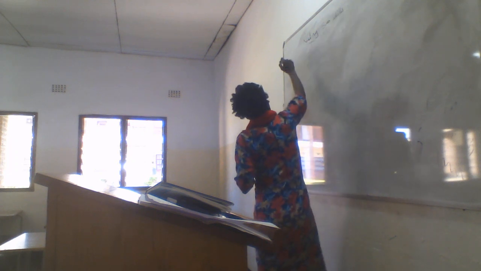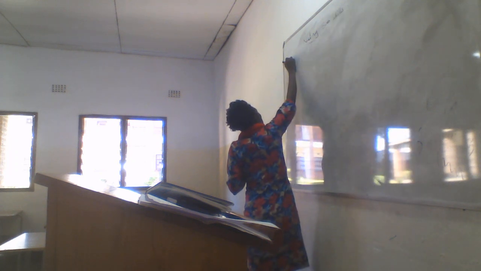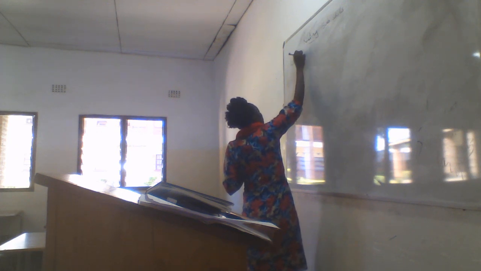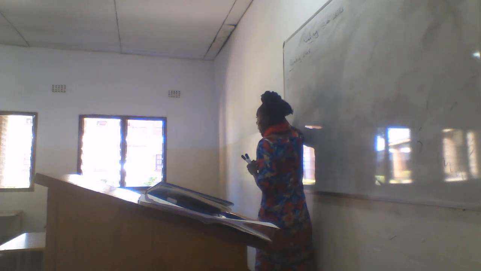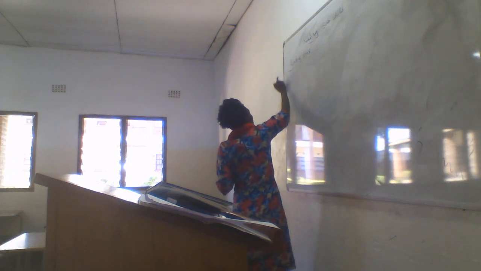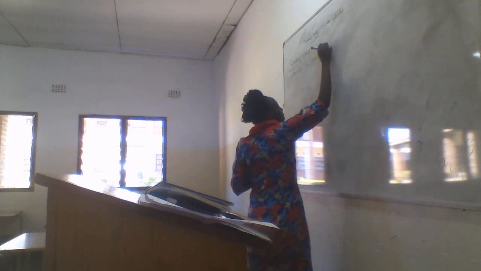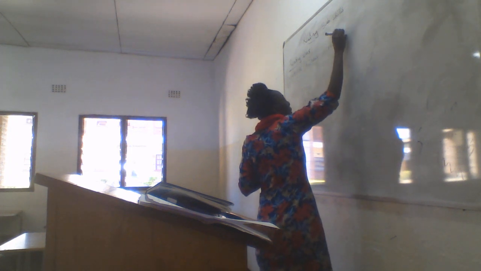Okay. Maybe let's start off with the reading aims. When we are teaching reading, okay, what are we trying to establish? Okay, we are trying to get learners to appreciate different literature genres, or literary genres, okay?